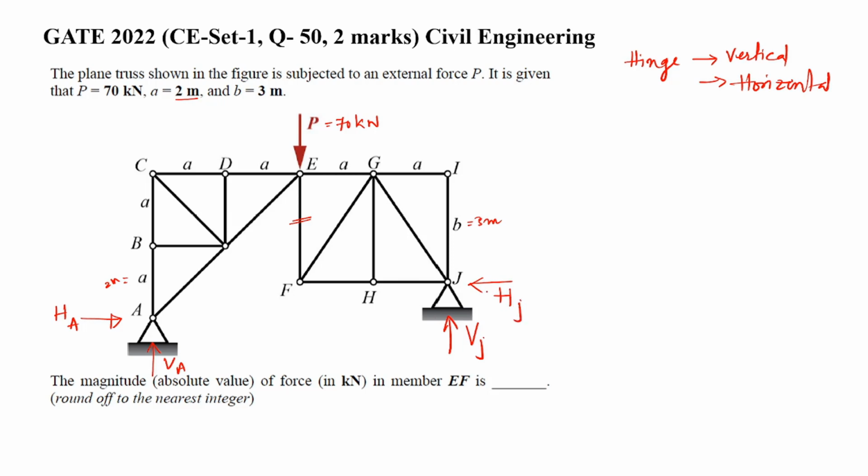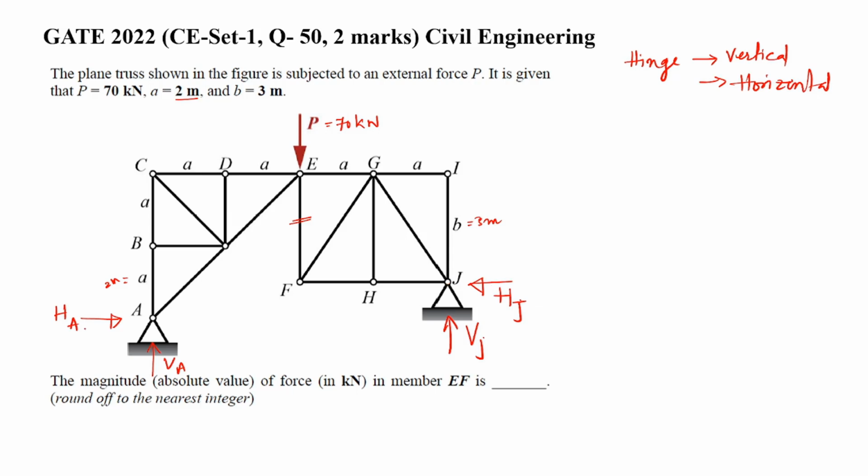So why did I give two different directions? One is positive x direction, another one is negative x direction. Because finally, summation of all horizontal forces should be zero. Summation of all vertical forces should be zero. Summation of moments about one particular point should be zero. The equilibrium equations should be followed.